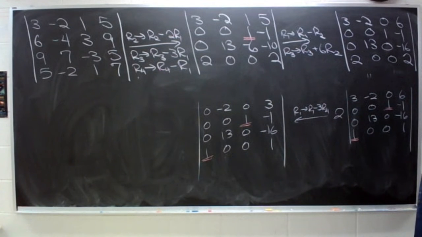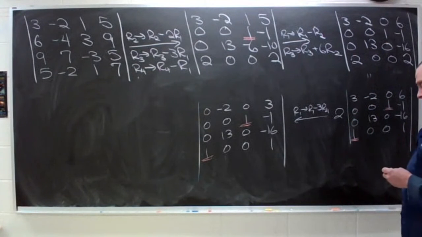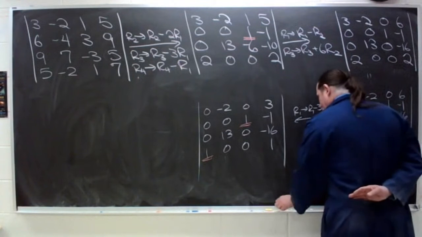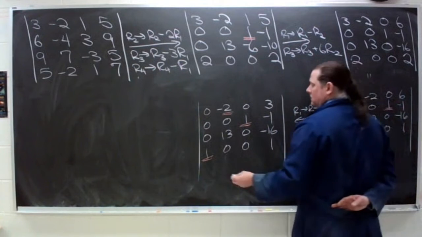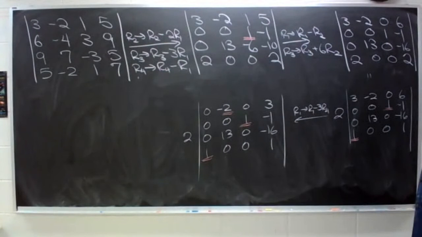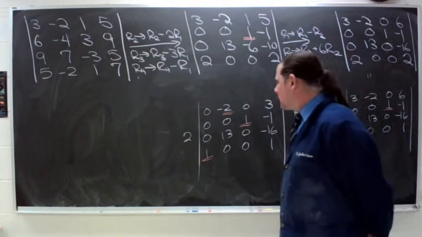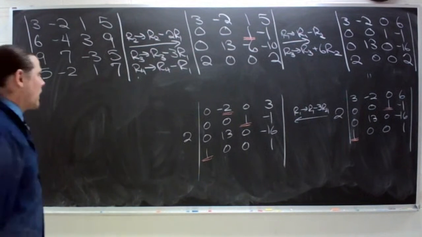So I need now to use another pivot, and I'm going to go ahead and use this one, even though, oh, I forgot my 2. Even though it's going to be a little bit messy. All right? So I need to replace row 3 with row 3 plus 13 halves row 1.